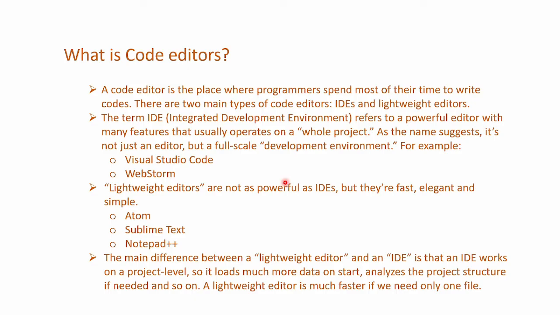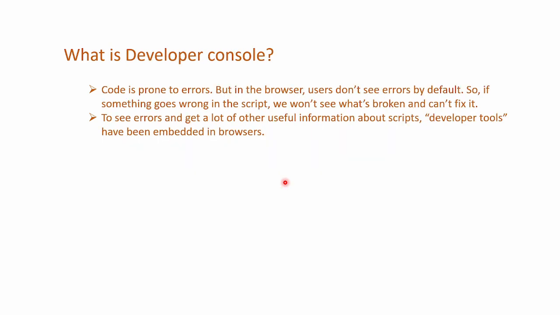Back to the presentation, the last point that we are going to discuss in this video is: what is the developer console? When we write code, code is prone to errors, we all know, right? You will quite likely make errors. Oh, what am I talking about? You are absolutely going to make errors, at least if you are a human, not a robot.